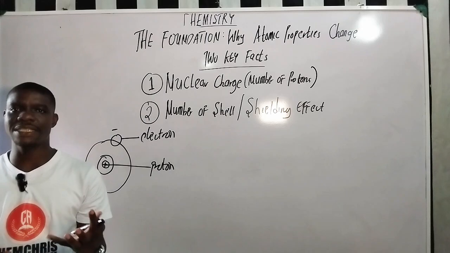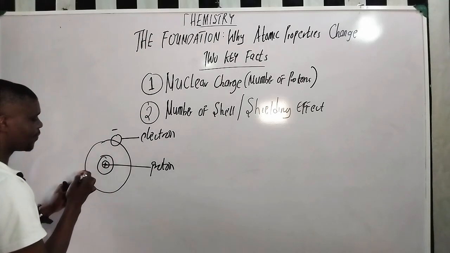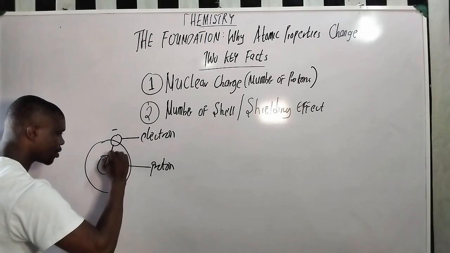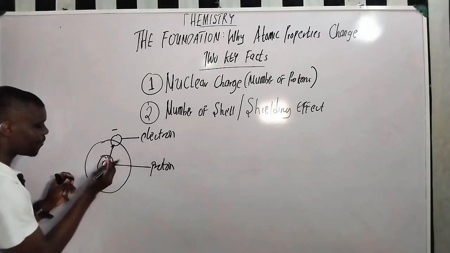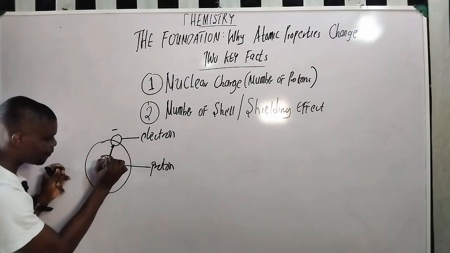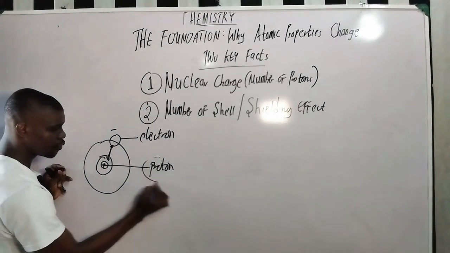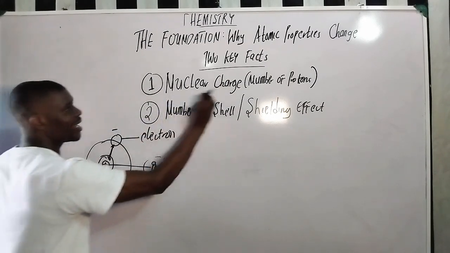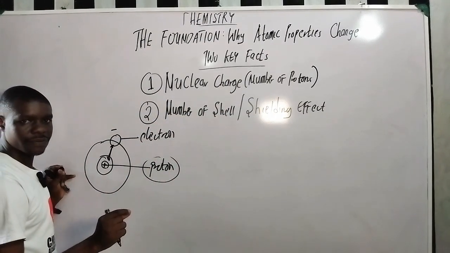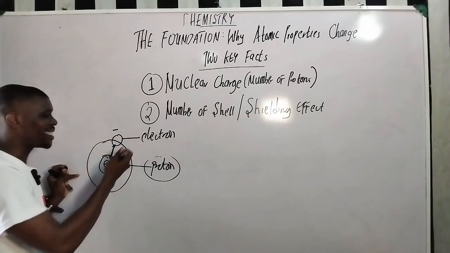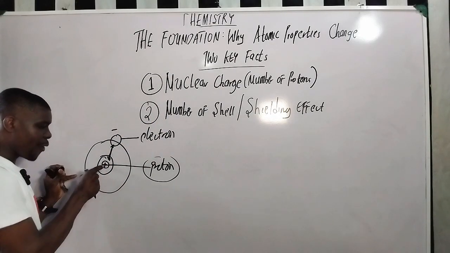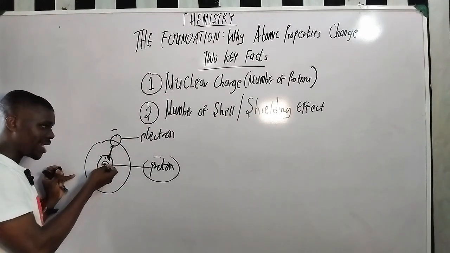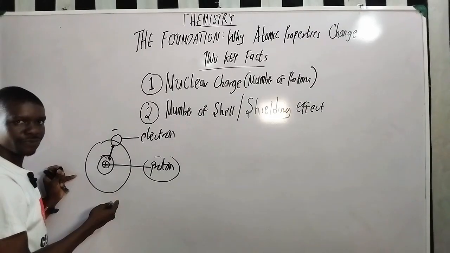I know that in physics, positive and negative attract each other. So this attractive force with which the proton pulls the electron in the shell is called the nuclear charge. It is the attractive force with which the proton pulls the electron in the shell.